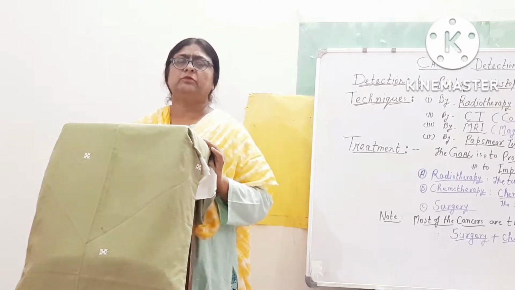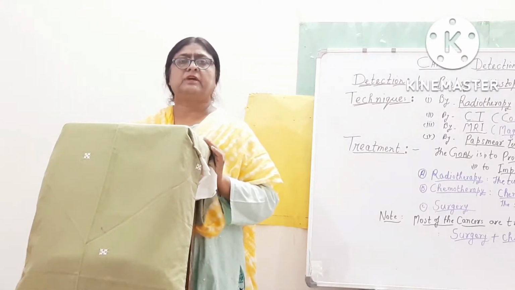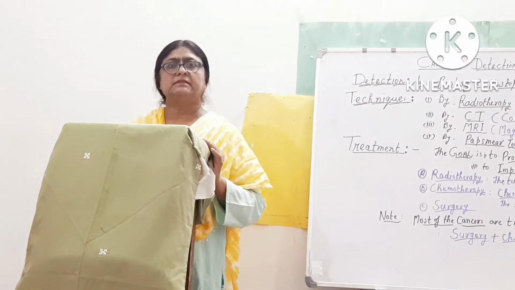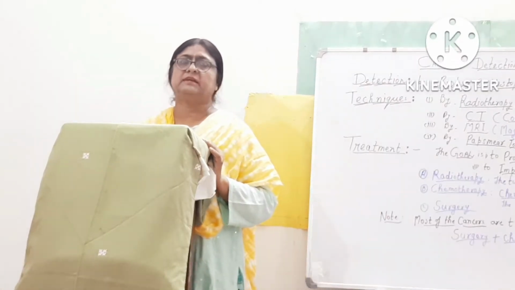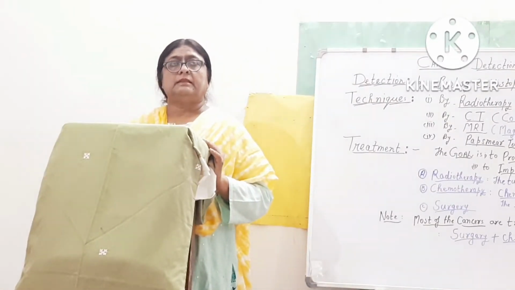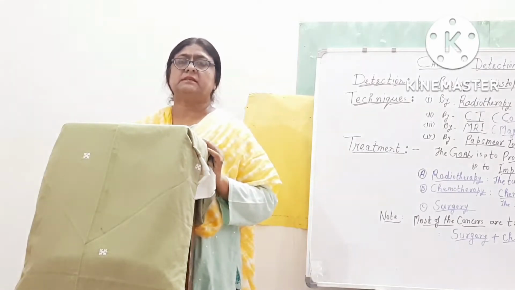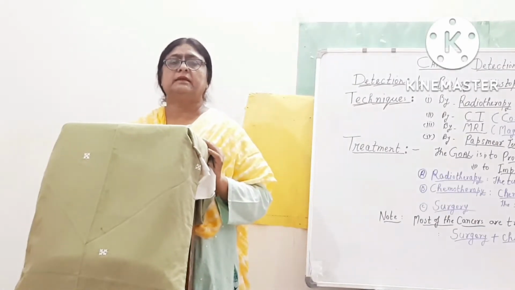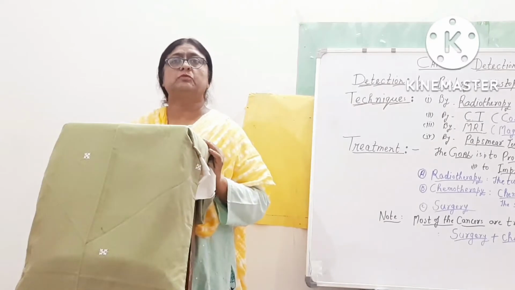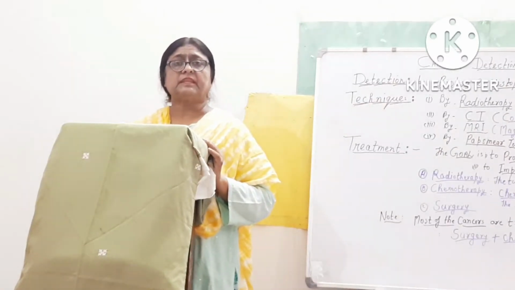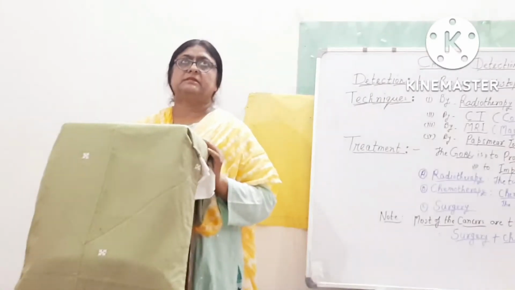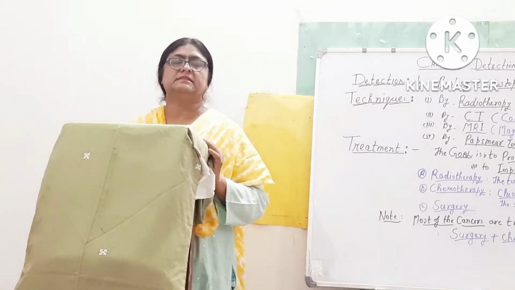About this I have told you about the different types of carcinomas, sarcomas and leukemia, which is blood cancer. The detection of this disease is very important, and nowadays there are many techniques which are helpful in detecting it.